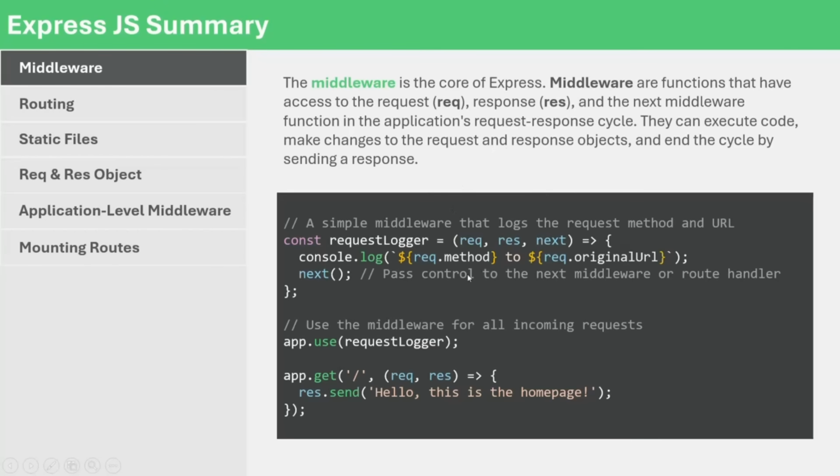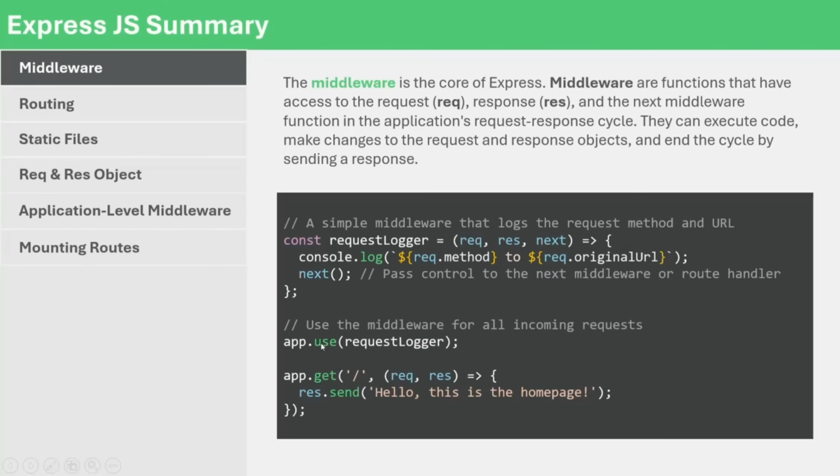So for example, here we are creating a middleware function, and whenever we create a middleware function, that middleware function will have access to request object, response object, and the next function. And inside the body of the middleware function, we can write some logic which we might want to execute for each request. And in order to use a middleware function on the app object, we have the use method, and to that we can pass the middleware function which we want to use.